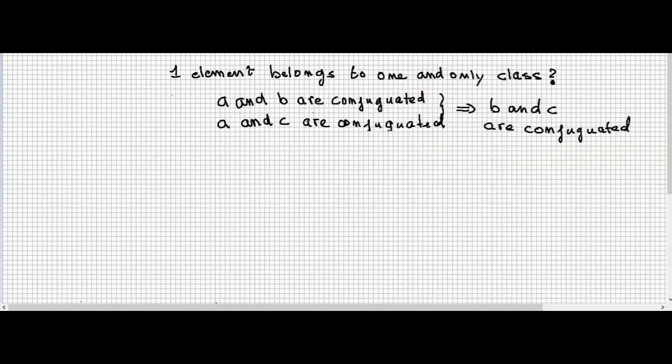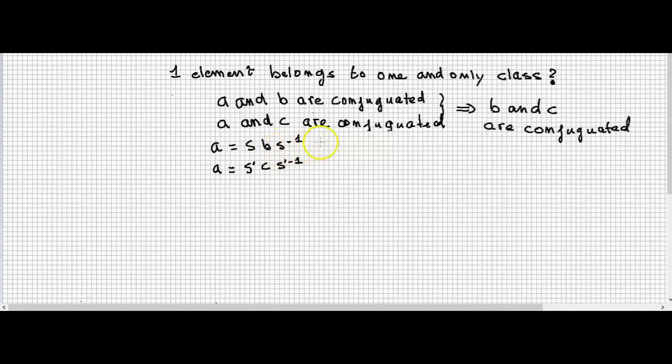So if A and B are conjugated, there exists an element S such that A is equal to S B S minus 1. If A and C are conjugated, there exists an element S prime such that A is equal to S prime C S prime minus 1.